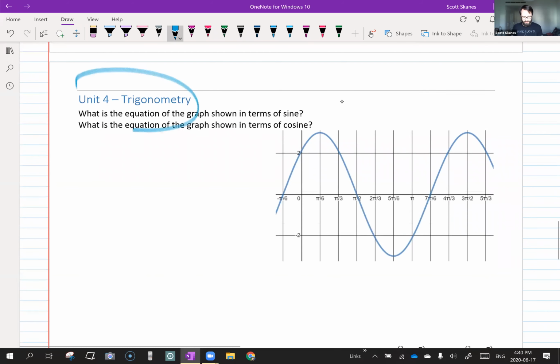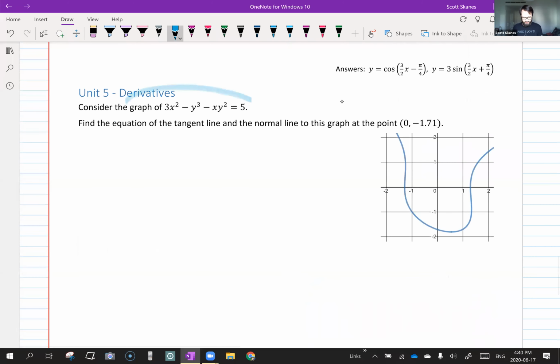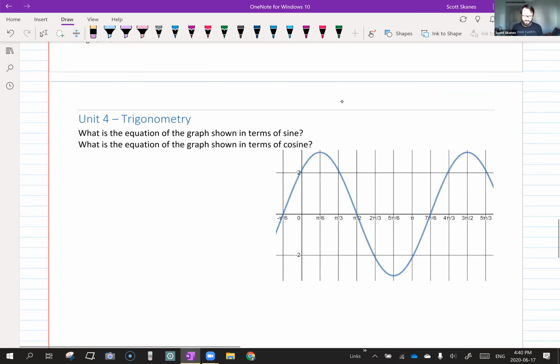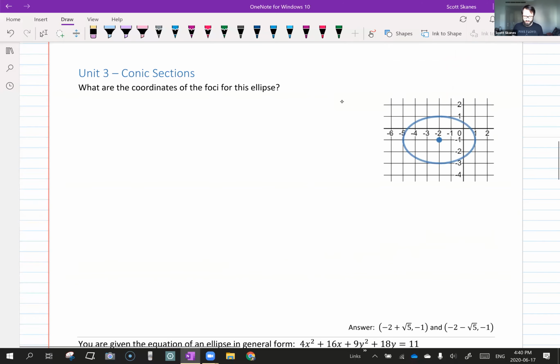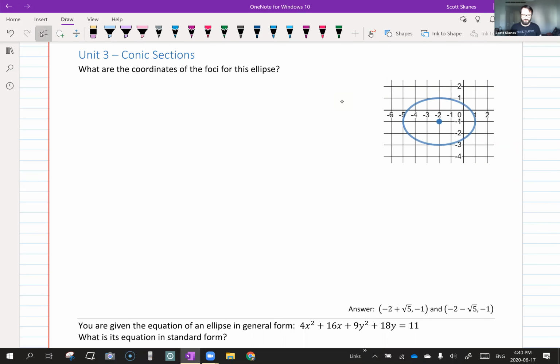Do you think that the trigonometry you're going to think is derivatives? No, you're not. Do you think that in derivatives you're going to think that this is something else? No, you're not. So don't worry too much about that. It's annoying, but it's not going to make or break your success. I'm trying to make you feel better, but I am telling the truth. It's not going to make or break how you do on this. How you do is going to be based on how much work you've put into it. That's the most important part.